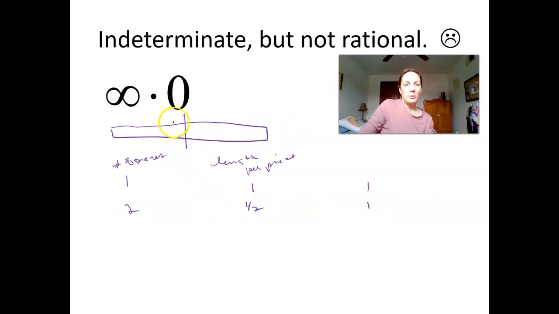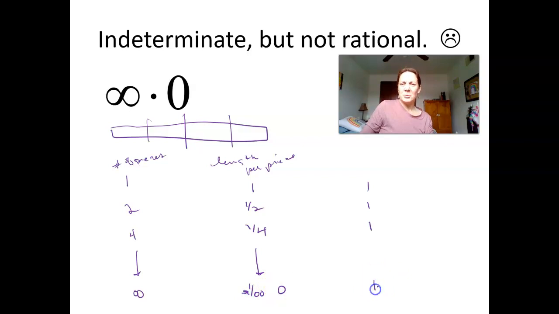If you then go back in and cut these in half, now I have 4 pieces. They're each 1/4 long. I still have a total length of 1 though, right? If I keep doing this, my number of pieces is eventually going to go to infinity. The length per piece is eventually going to approach 0 or 1 over infinity, right? This is approaching 0.